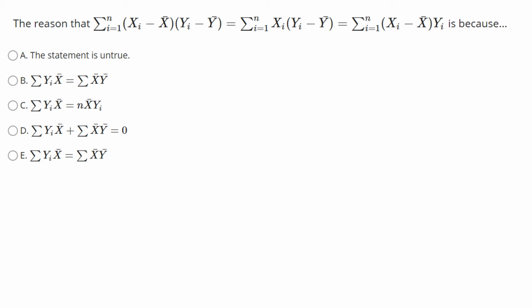Okay, this one is a little bit more involved than the previous one. So this one asks the reason that the sum of xi minus x bar times yi minus y bar equals sum of xi times yi minus y bar, which also equals sum of xi minus x bar times yi, is because... Why is it the case that these three expressions all equal each other?